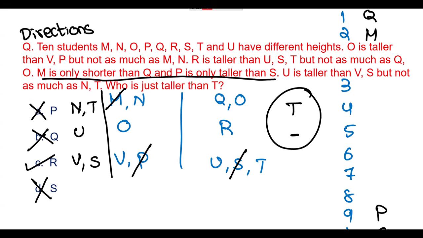"As much as" means equal. Taller is not mentioned. "Not as much as" means it should be less only. Don't get confused. Whatever is written is correct, but assigning everything and doing the entire arrangement is a waste of time. We recommend just going with option verification instead of wasting time.